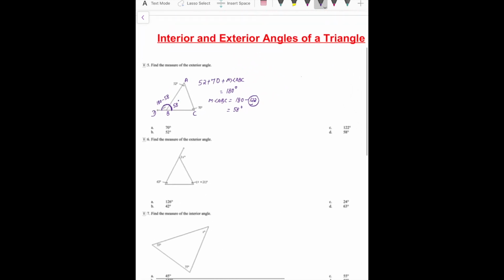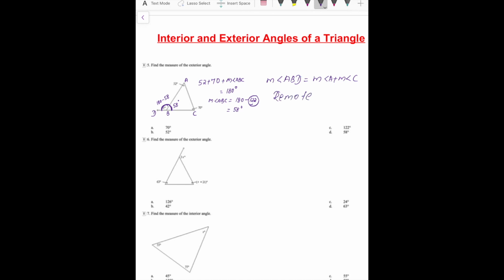measure of an exterior angle is the sum of the remote interior angles. Remote interior angles means the interior angles that is not next to the exterior angle. So measurement of angle ABD will be measurement of angle A plus measurement of angle C. So measurement of an exterior angle is the sum of the measurements of the remote interior angles.